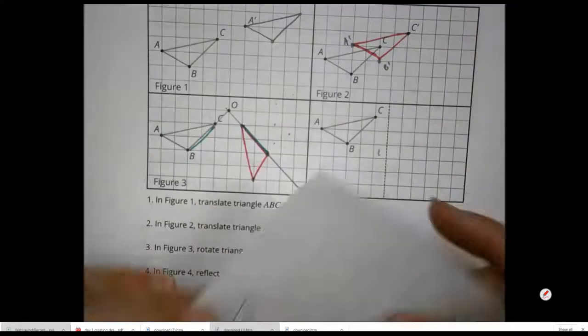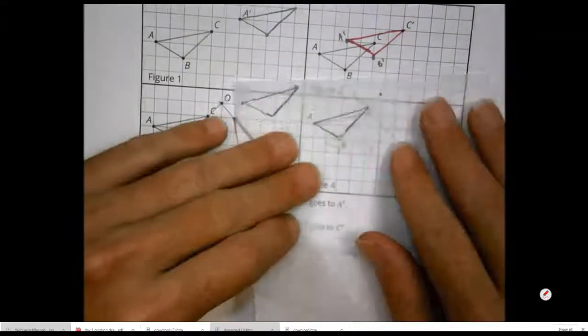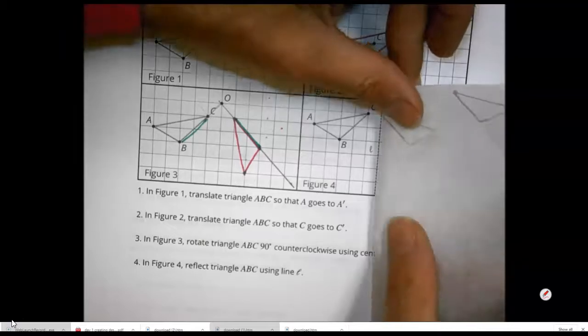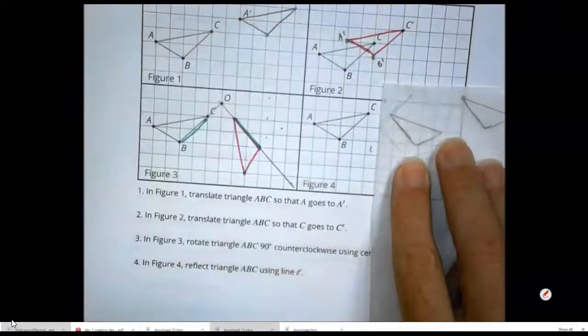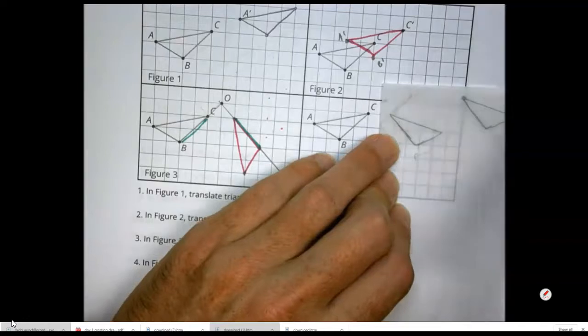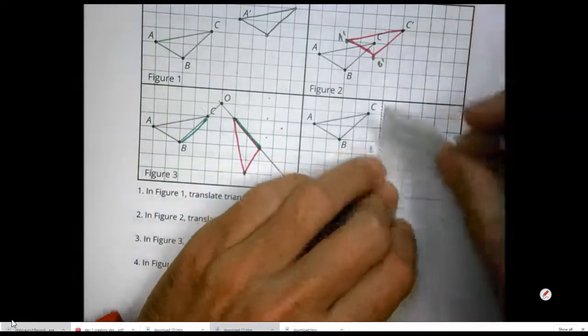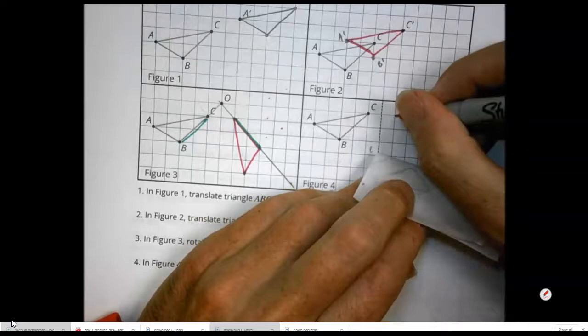And then finally, our last one here was to take this shape here and then to reflect it using line L across the axis. So it would be like taking the shape and folding it on that line so that we end up with a shape over here like so. So that would look like, there's my dot would go to here.